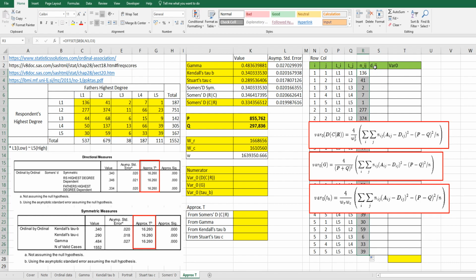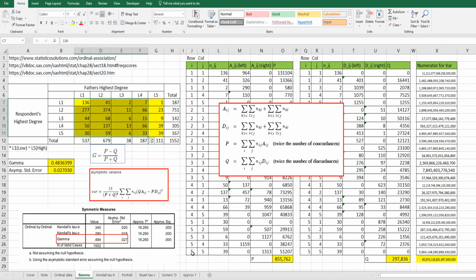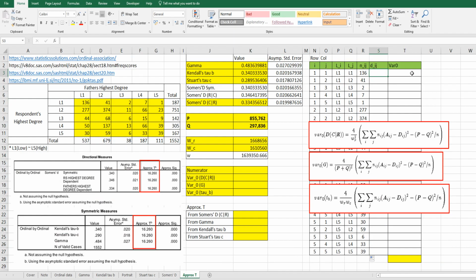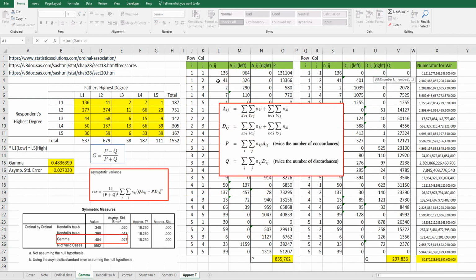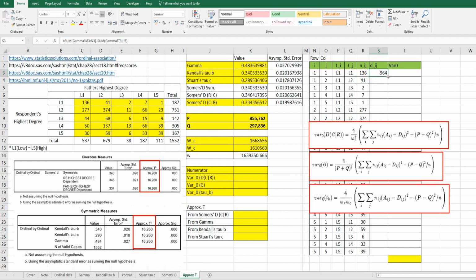In terms of Dij equals capital Aij minus capital Dij, squared. So we calculated this one from the gamma spreadsheet here. So let's get Dij, so sum of Aij minus sum of Dij for I. Then let's get this part.